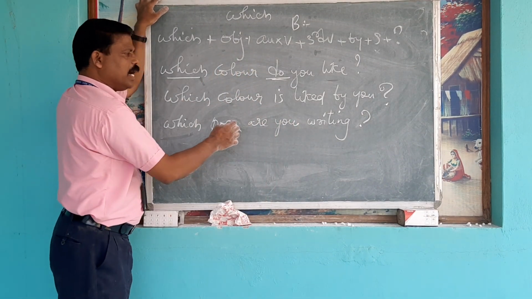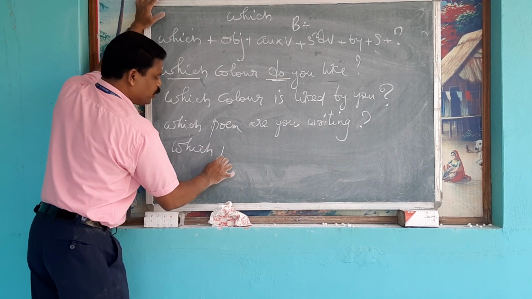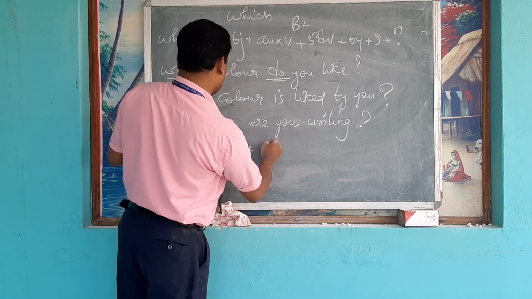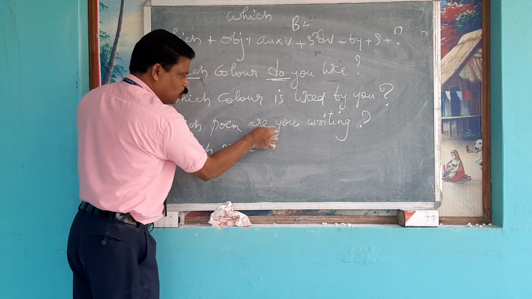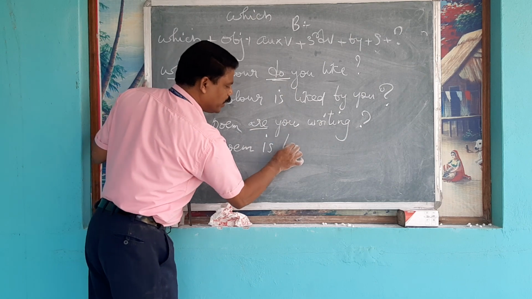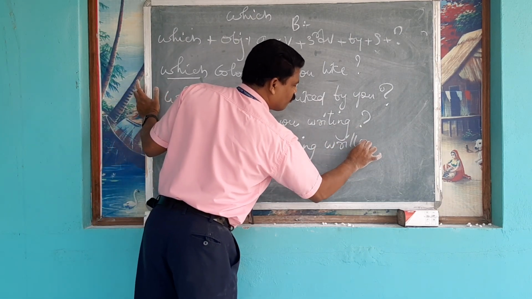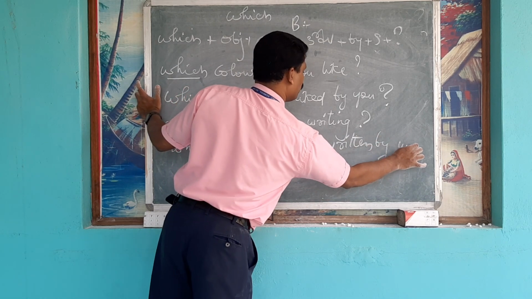Which poem are you writing? Object poem. Then poem is singular, so we have to change the auxiliary into singular. With is we add being. Write, wrote, written, by you.